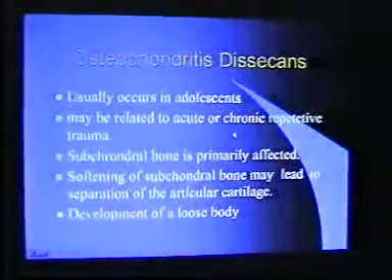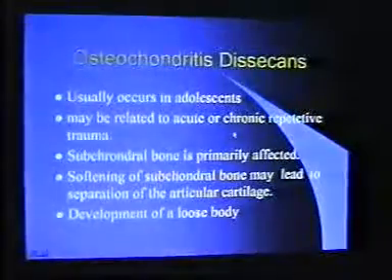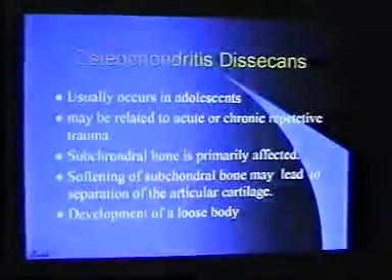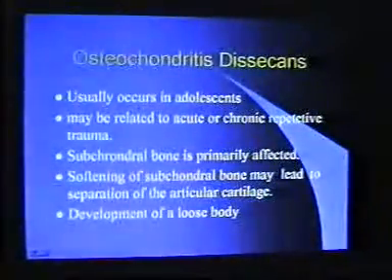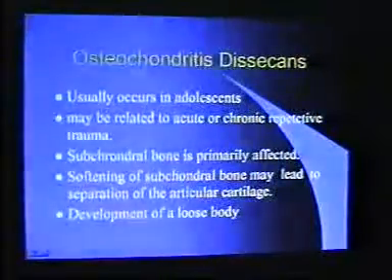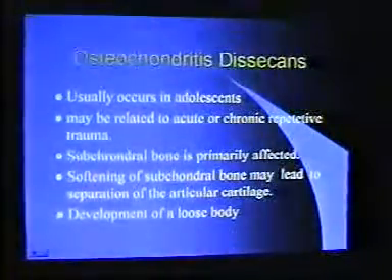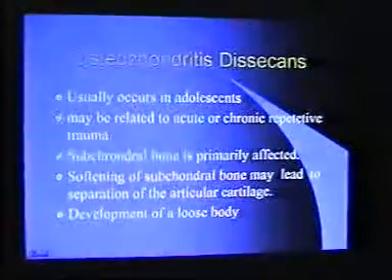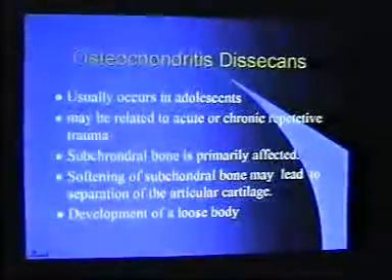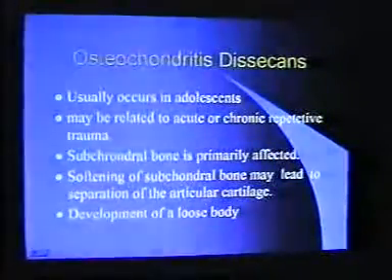Then we come to osteochondritis dissecans, which usually occurs in adolescents and may be related to acute or chronic repetitive trauma. Subchondral bone is primarily affected, and softening of subchondral bone may lead to separation of the articular cartilage.